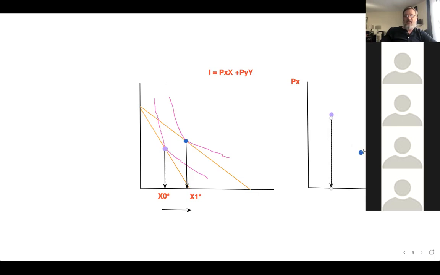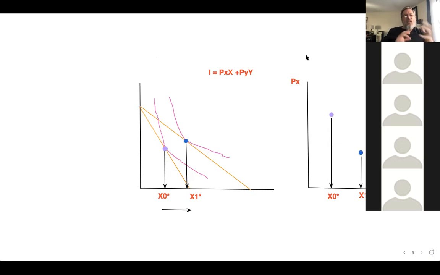So there's our X0, and so that's X0 star, and there's X1 star. Okay, so does that make sense?